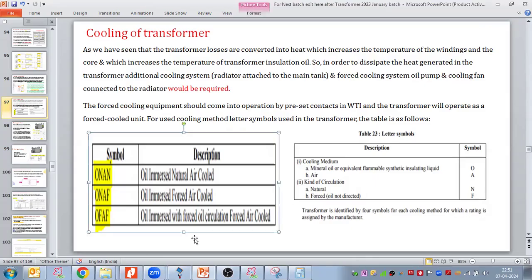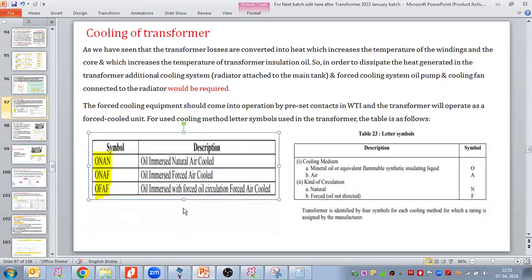Here, if you see, we use symbols like ONAN, which stands for oil natural air natural, meaning there is no separate cooling; everything happens naturally. ONAF means oil is circulating naturally, but air we are forcing, so this is air forced cooling. OFAF means both oil and air we are forcing to the radiators.